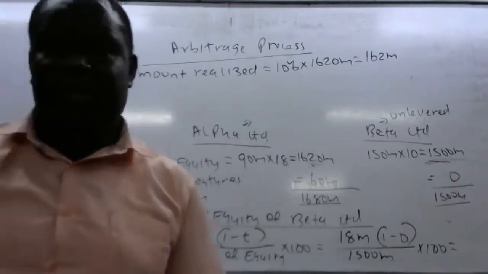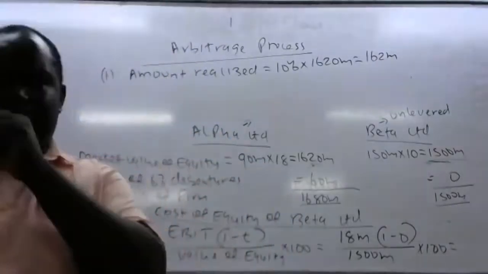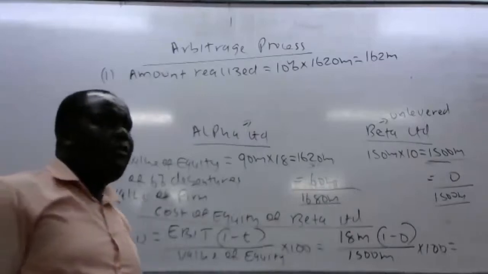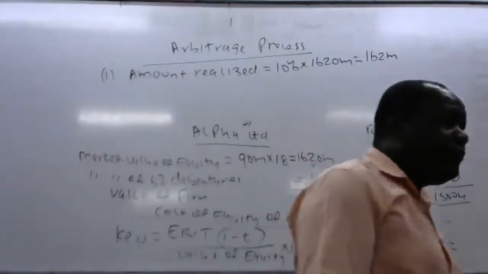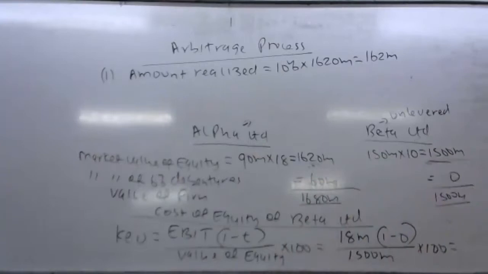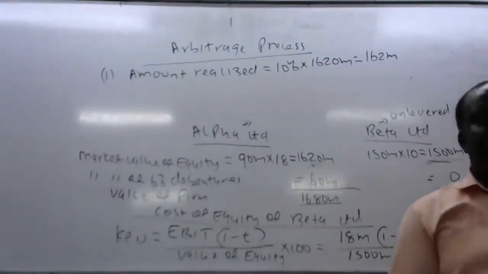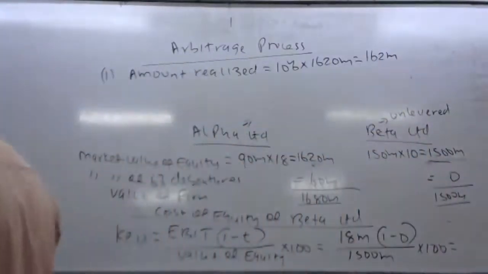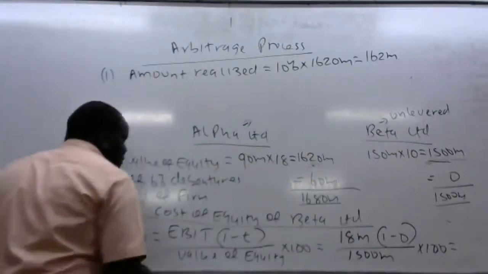We now check the step number 2. So step number 2, we write that he would then borrow an amount equivalent to.